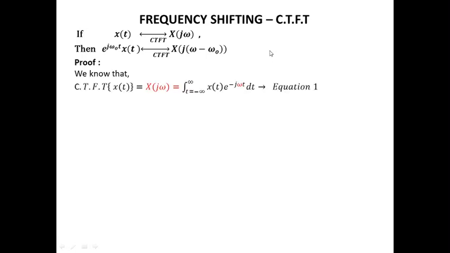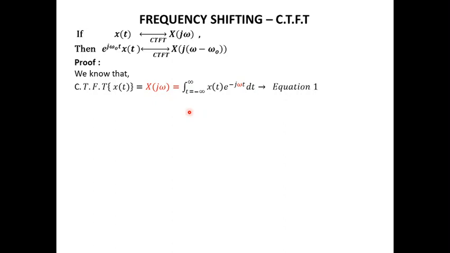The proof for this is very simple. Again we know that the continuous time Fourier transform of x of t is x of j omega. Here we are going to exploit a concept. For each and every proof we need to adopt a different methodology to arrive at that particular proof. Here we cannot go for finding the CTFT of e power j omega naught t x of t directly, because if you do that, you won't arrive at the proof.